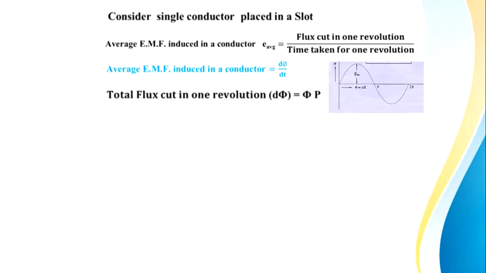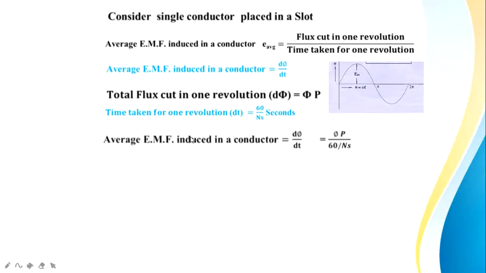So, the total flux cut in one revolution, d phi, will be equal to phi into P. Why? Because P is the number of poles in the machine. Time taken for one revolution will be 60 by Ns seconds. So the average EMF becomes d phi by dt, where d phi is phi P and dt is 60 by Ns.